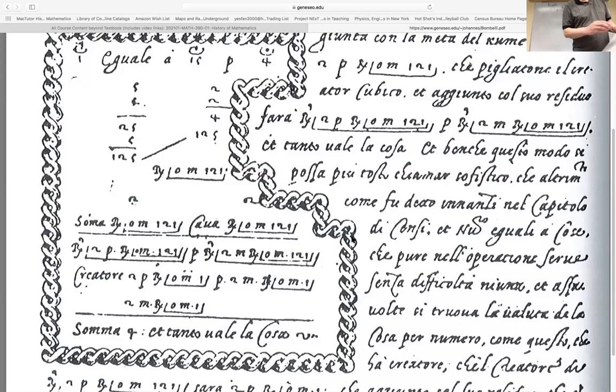What we have is this here. Notice that there is this square root of negative 121.